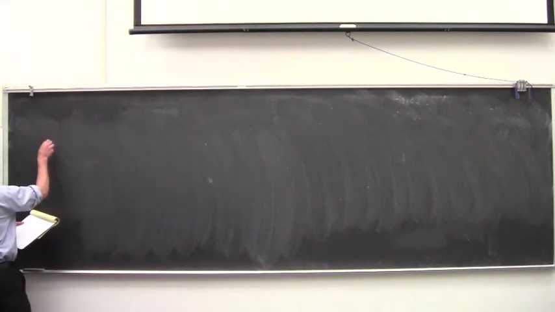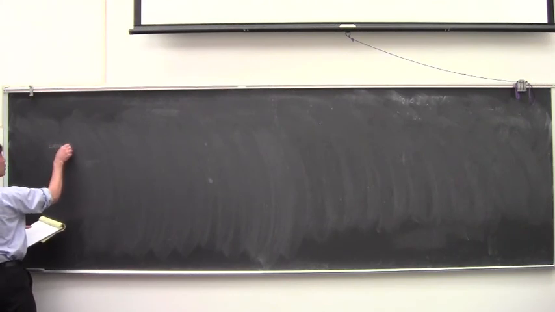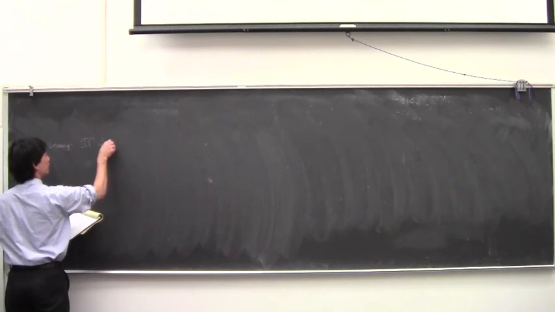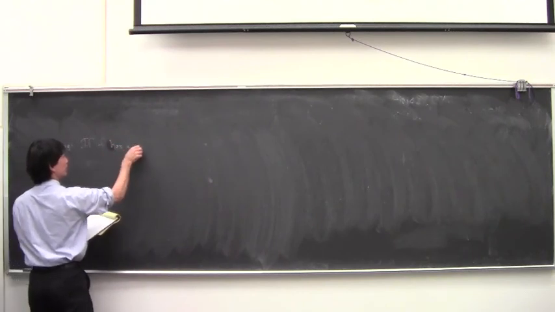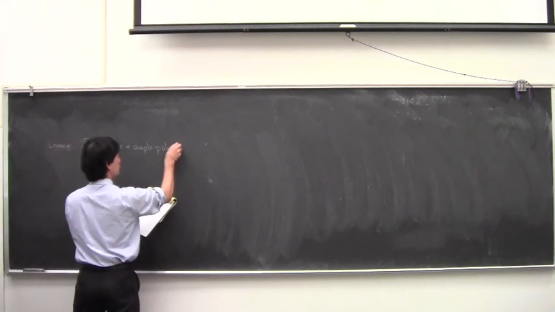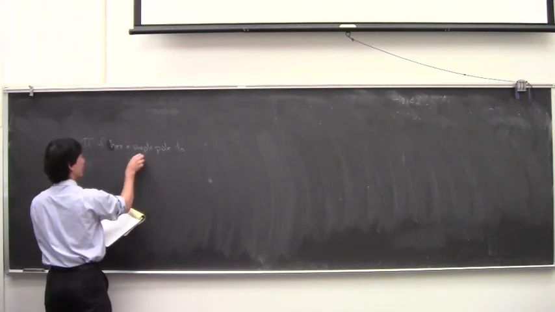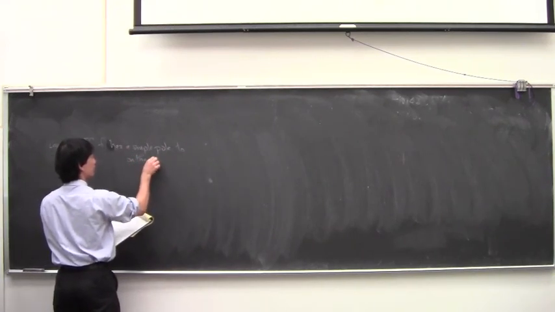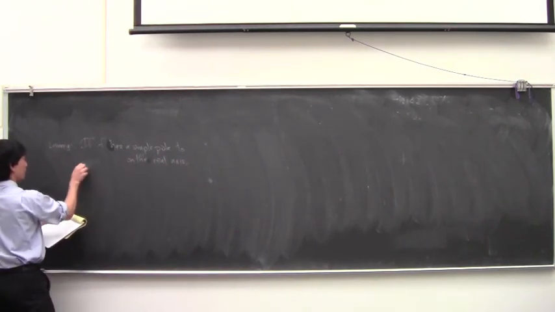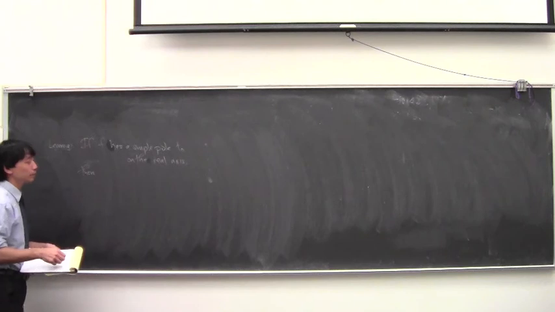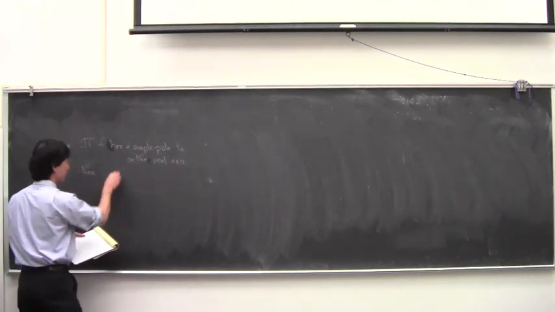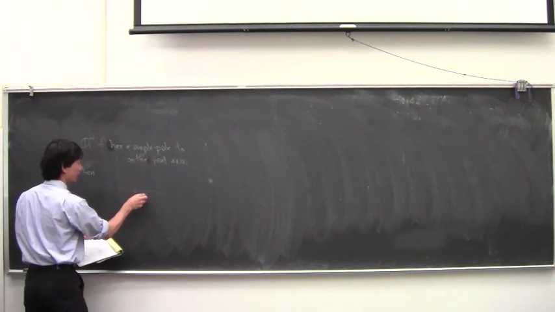The lemma said the following: if f has a simple pole t naught on the real axis, then what happens? Anyone remember? Okay, so you have your t naught here.